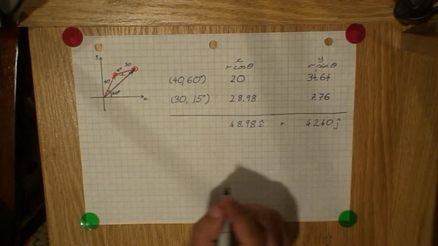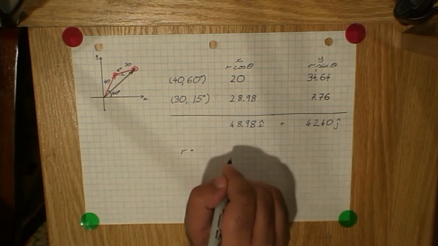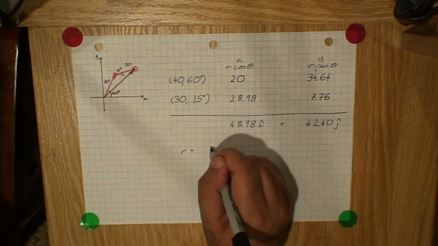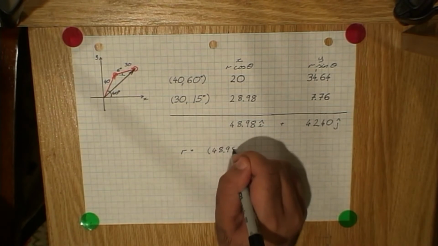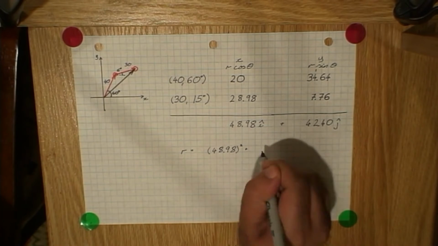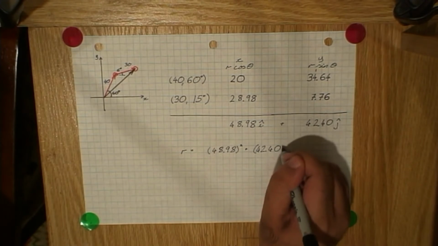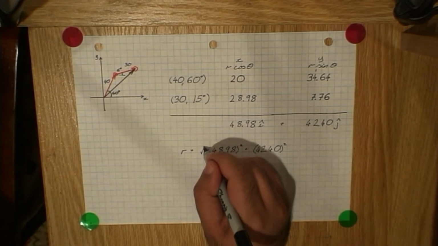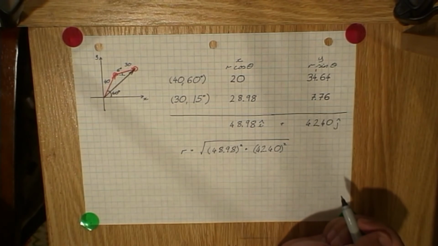Let's go ahead and do that. The size of this resultant vector is given by the x component squared plus the y component squared, and take the square root of the sum.